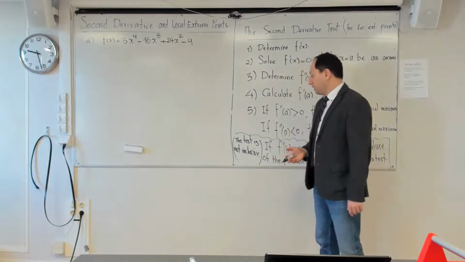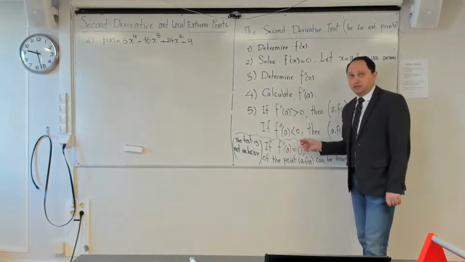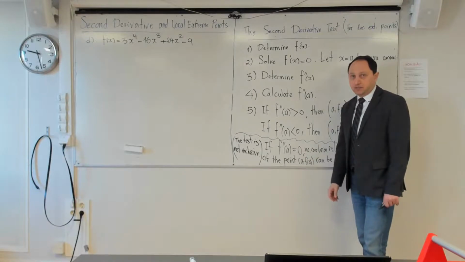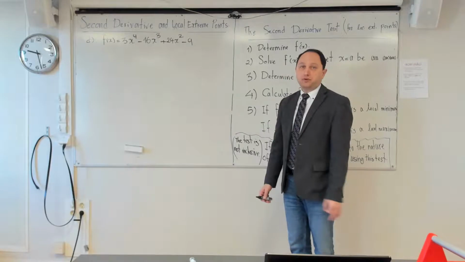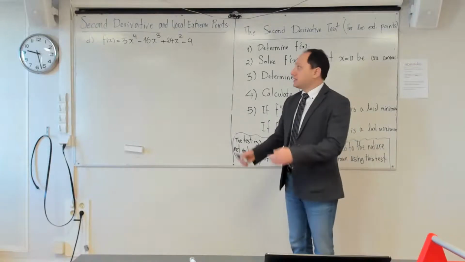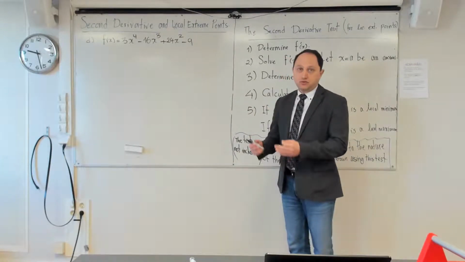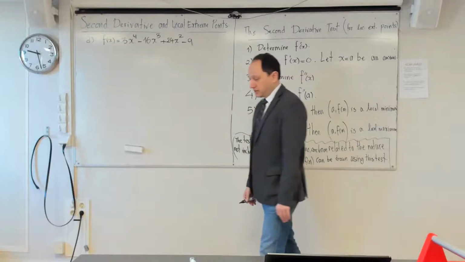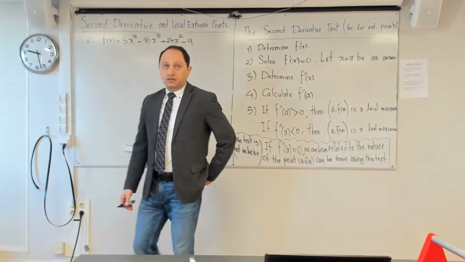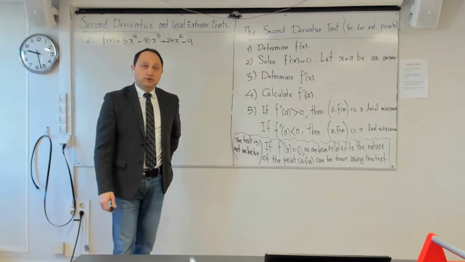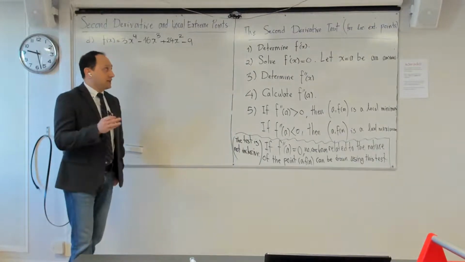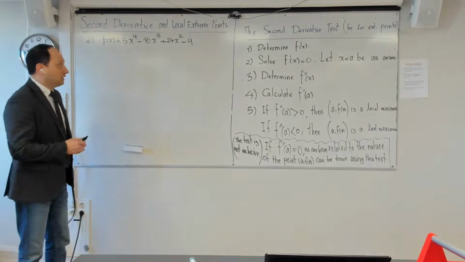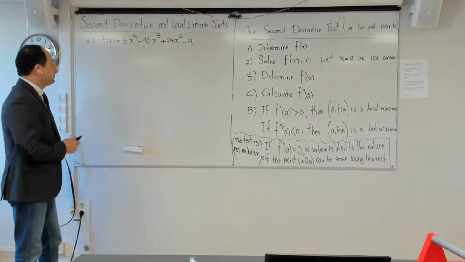But you need to be aware about the weakness of the second derivative test. That's up to you. But if I specify directly in the problem that, for example, use the first derivative test or the second derivative test to determine the local extreme points of the function and their nature, you have to use exactly what I ask you in the exam question.